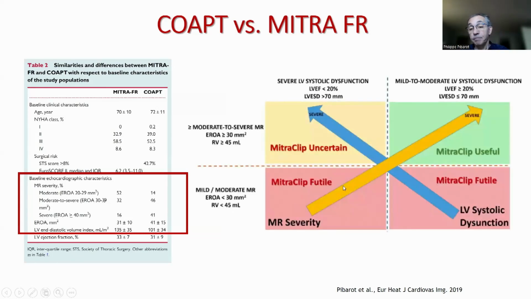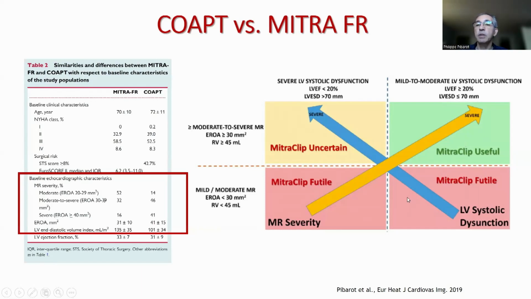And so, yes, indeed, I think where TEER is most likely to benefit are the patients who have a significant, so moderate to severe MR, so grade 3 or 4, with not too much LV dilation and LV dysfunction, so LV end-systolic diameter less than 70 millimeters.